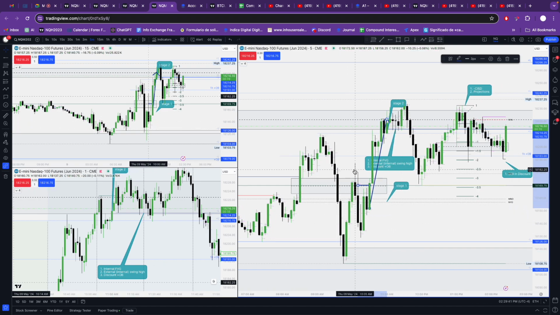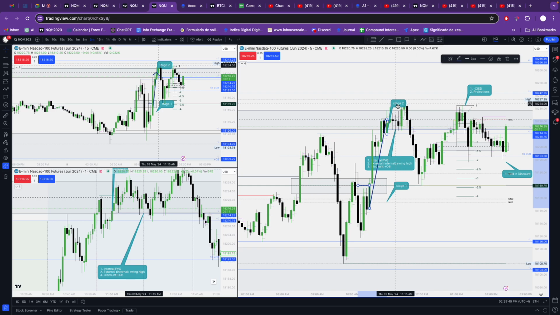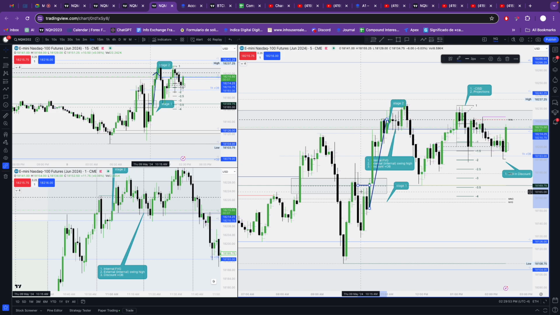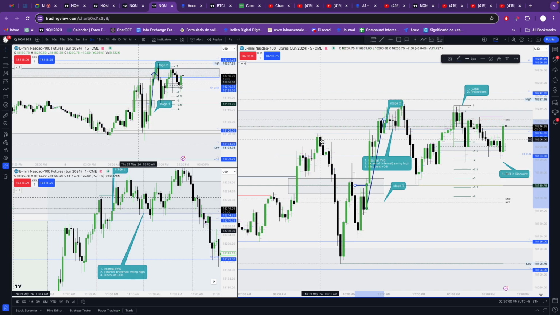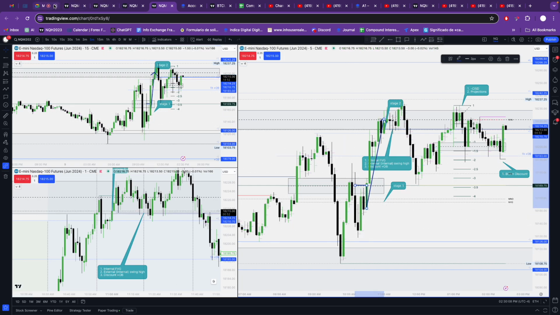Because if we're starting off in the new hourly interval with manipulation, what comes after manipulation is distribution of our AMD model. So that's check one. Second check is the fact that we are coming from discount and we go into optimal trade entry.